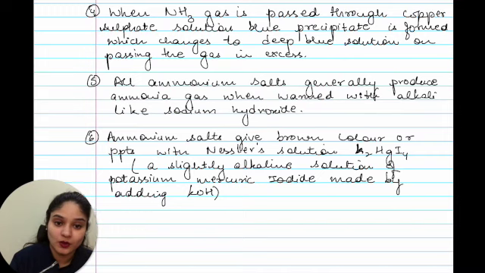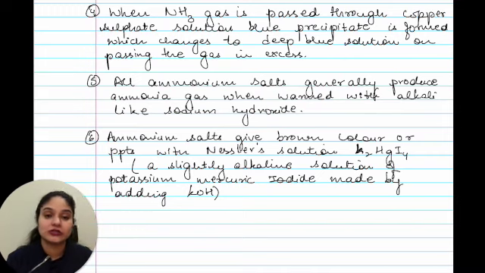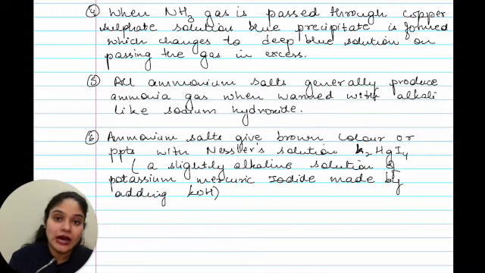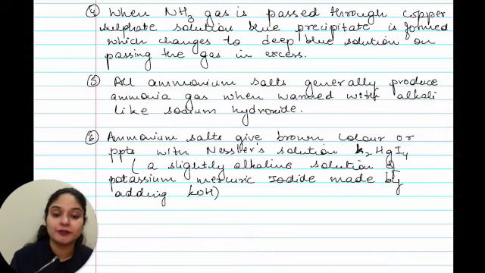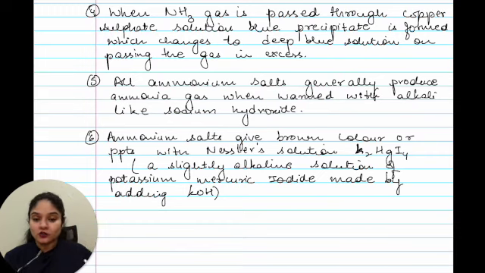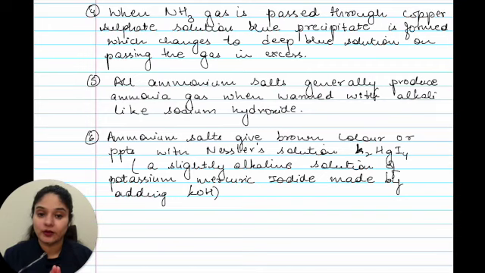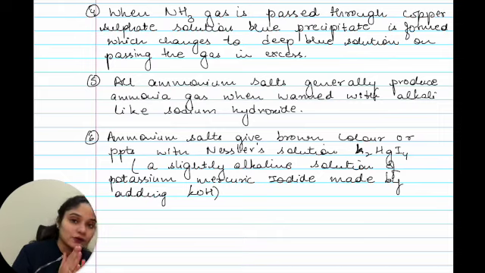K2HgI4, a slightly alkaline solution of potassium mercuric iodide made by adding KOH. So ammonium salts will give you a brown color with Nessler's solution, which is K2HgI4, that is potassium mercuric iodide.